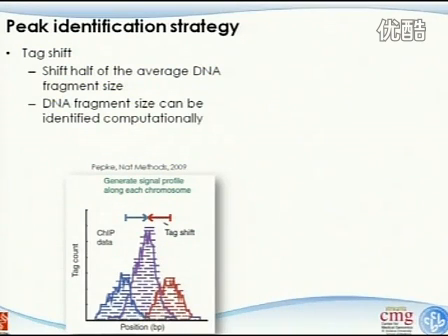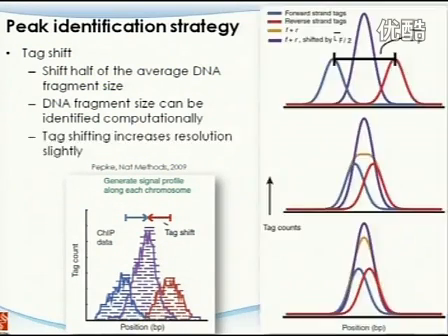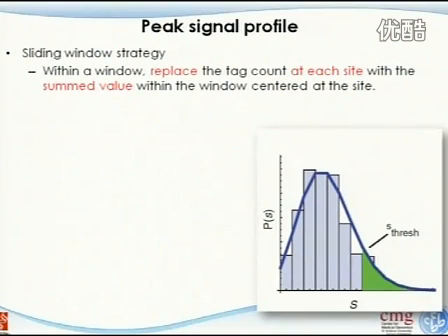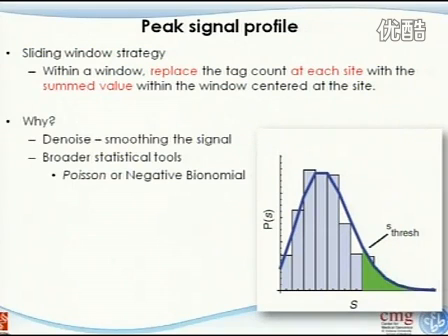But once you do the sliding window strategy, within a window size that you can decide, you replace the tag count at each site with the sum value within the window centered at the site. So every single nucleotide in the same window gets the same value, and that will denoise your signal a lot. I'll give you an example of that, which means this is smoothing the signal.